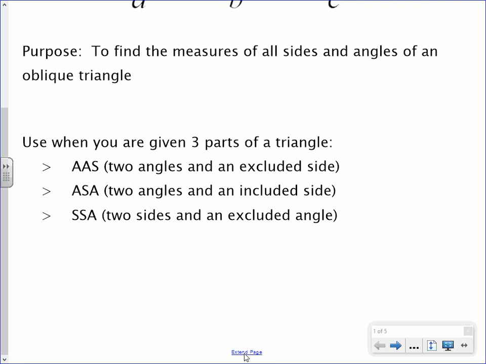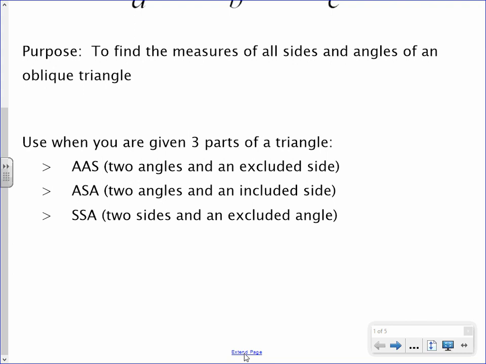We can have 2 angles and a side, whether it's angle-angle-side or angle-side-angle, or we could be given 2 sides and an excluded angle, side-side-angle. I know this gives you a flashback to geometry, right?